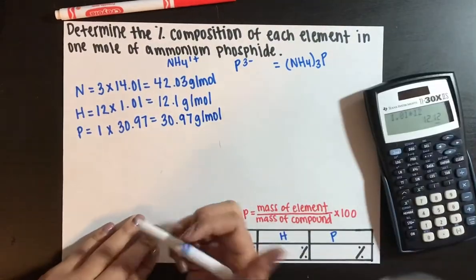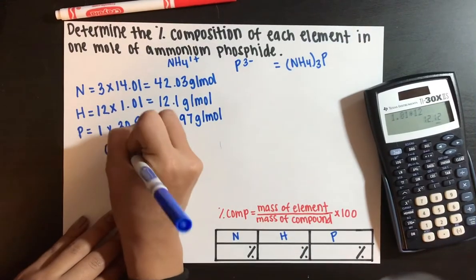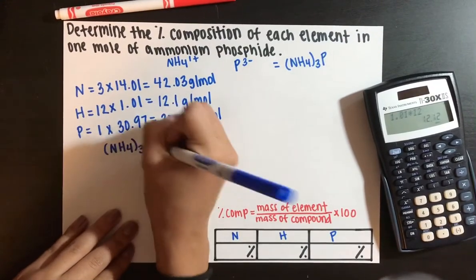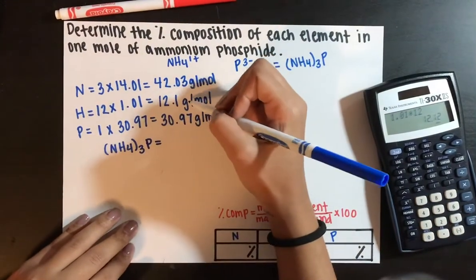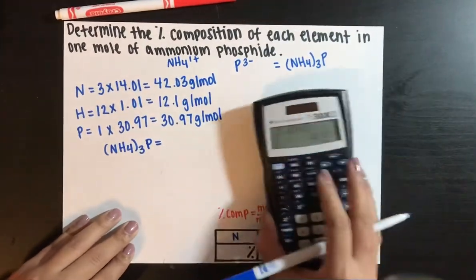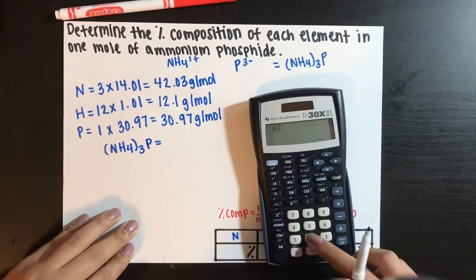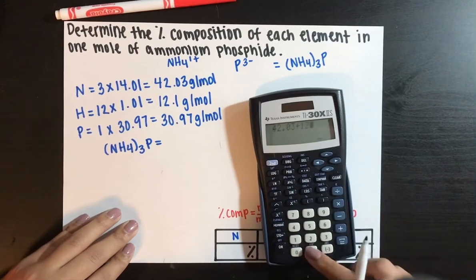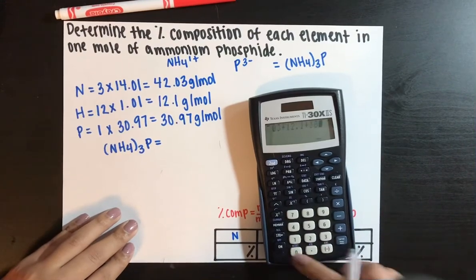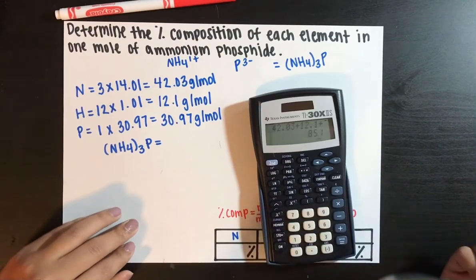Now we want to find the mass of our compound, (NH4)3P. What we want to do is add up all 3 of our elements' molar masses. So 42.03 plus 12.1 plus 30.97 gives us 85.1.